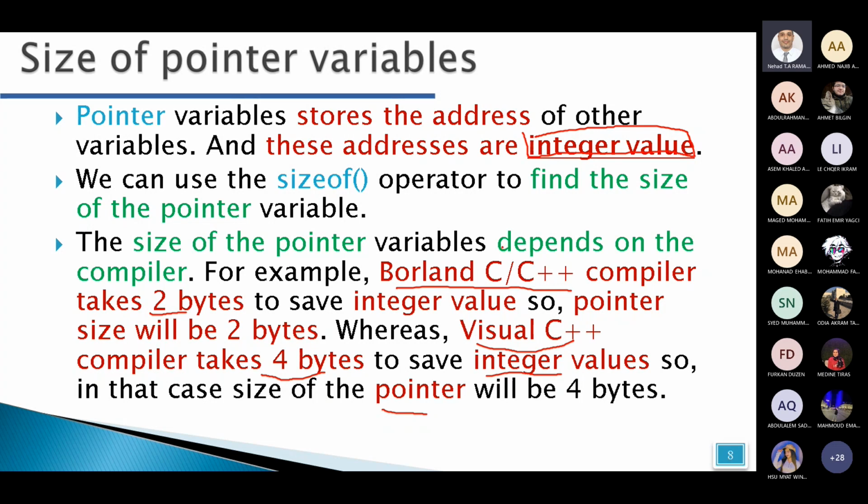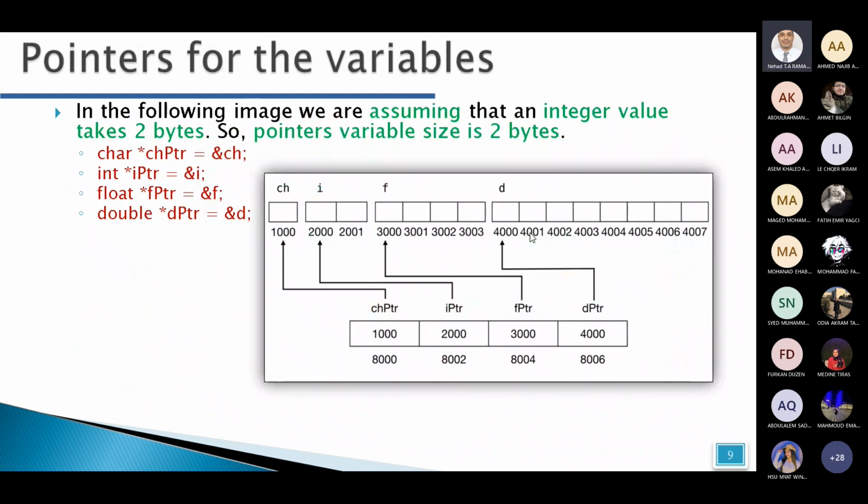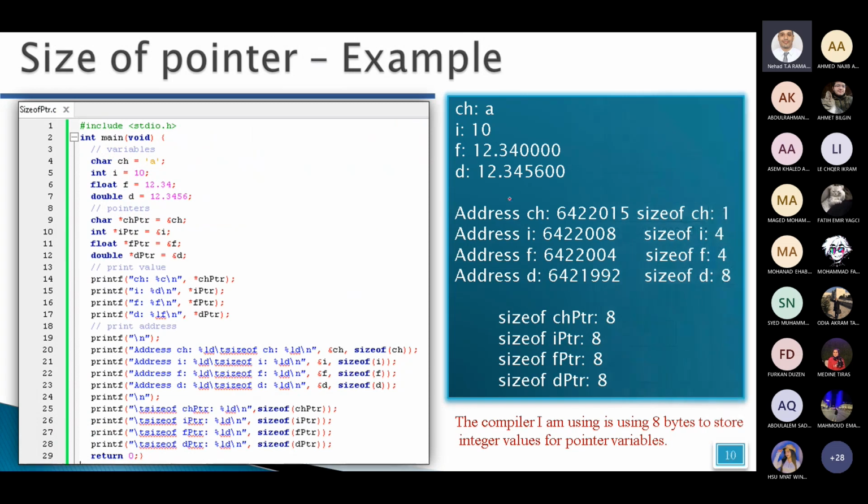So to know the size of the pointer or any variable, we can use the function sizeof. Simply sizeof, and inside it we give the name of the pointer or the name of the variable. It will give us how many bytes the size of that variable or pointer is. Okay, so let's see this example here, it's related to this example.